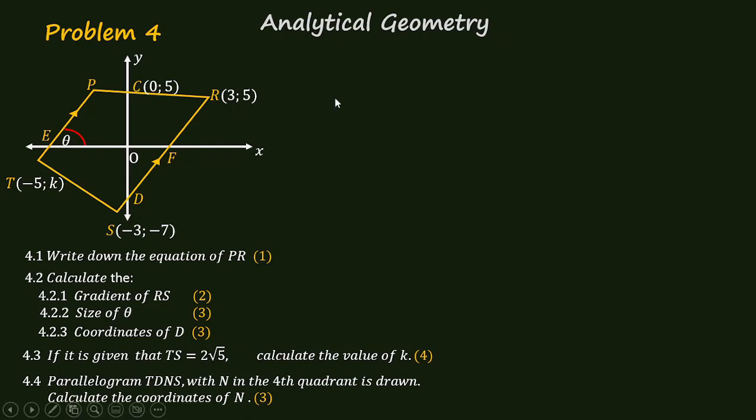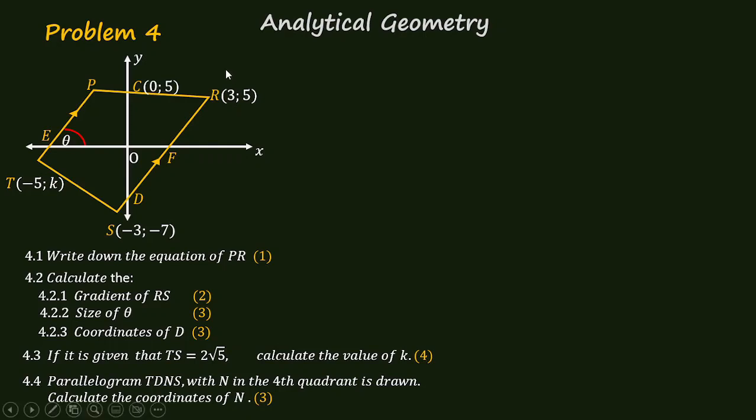At P, we have 0 and 5. At R, we have 3 and 5. So the y value is not changing. That tells you that this straight line is parallel to the x-axis, because the y value is constant.